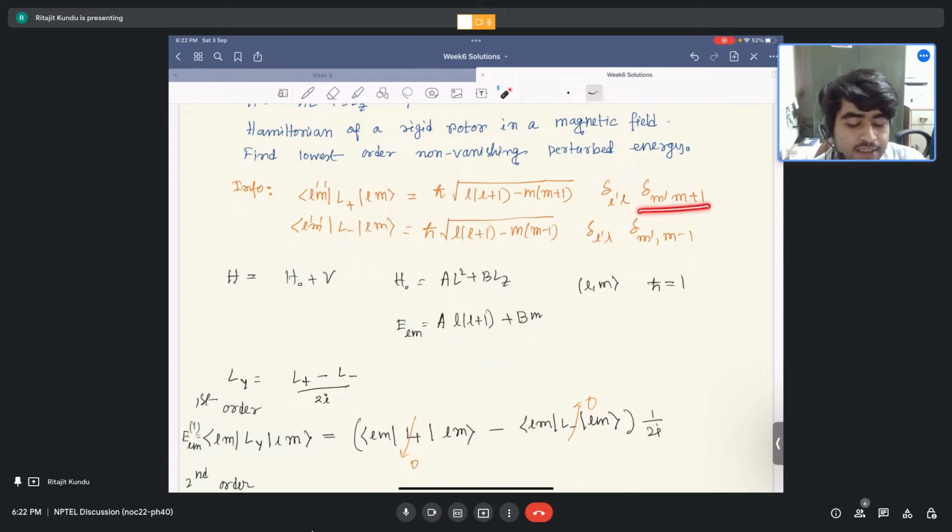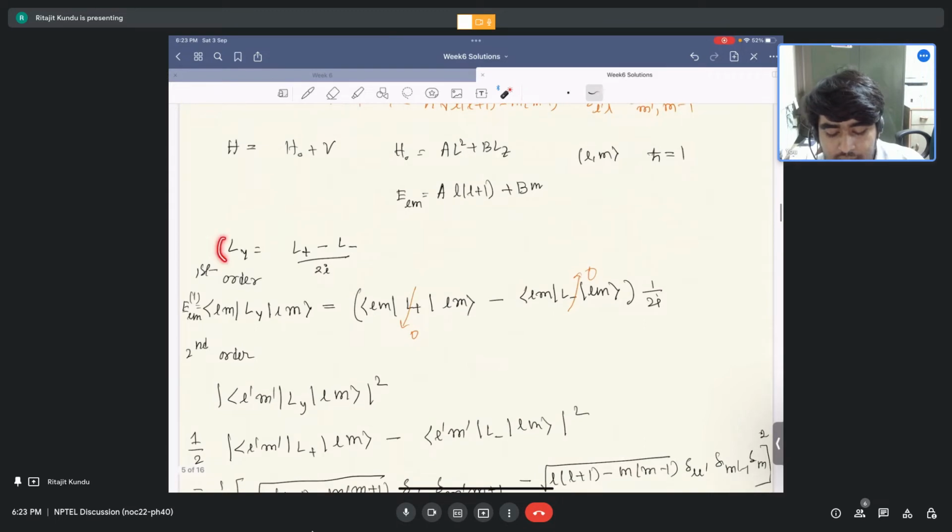So that's why these Kronecker deltas are here. For L minus, rather than M plus 1, this becomes M minus 1. These are the matrix elements that we need for this calculation. The derivation of this is very easy. You can look into any textbook, or start from first principles, and you will be able to derive this very easily.